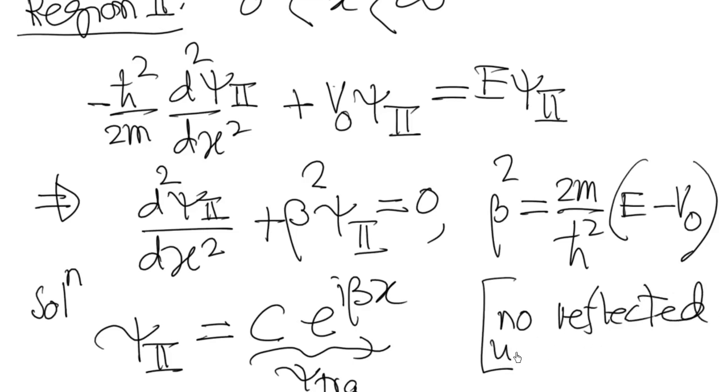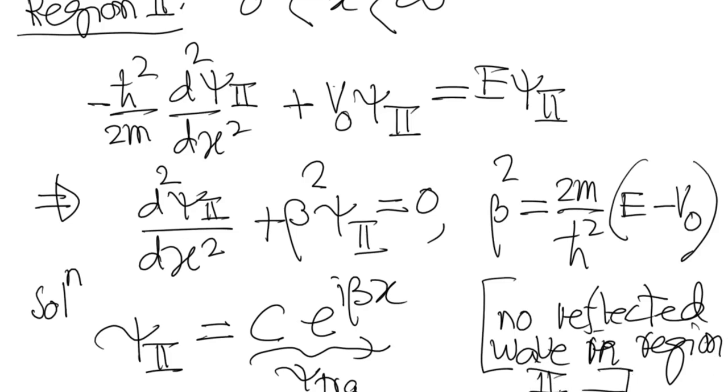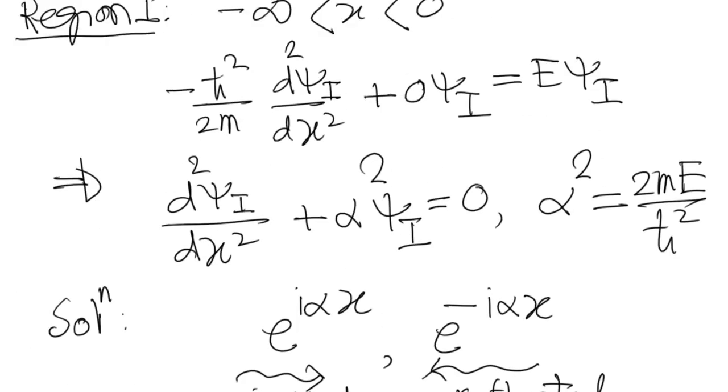No reflected wave in region 2. Now what we are going to do is find relations between the reflected amplitude B, the transmitted amplitude C, and the incident amplitude A.